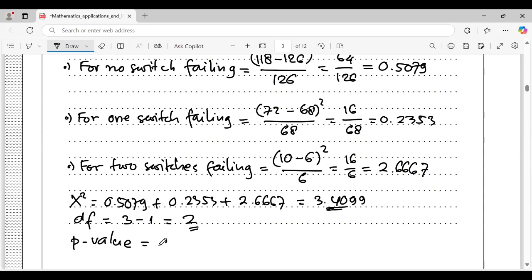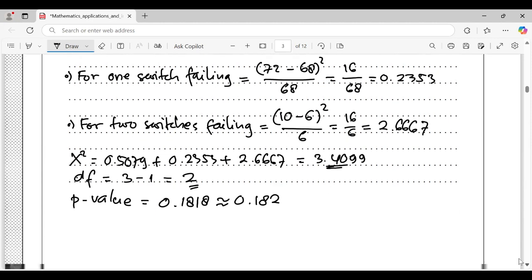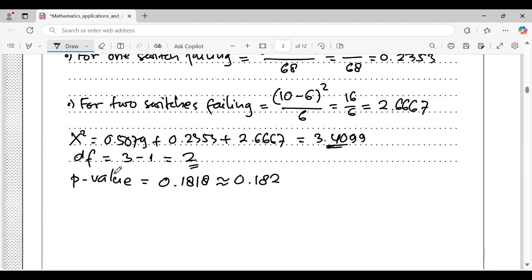So p-value is 0.1818, round off becomes 0.182. So it means if you compare with alpha, alpha is 0.05.